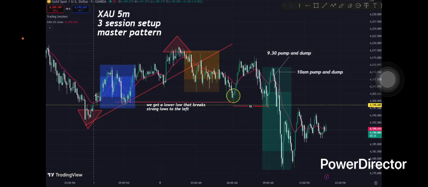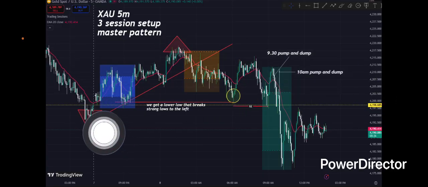Other times it may be over the course of 3 sessions, like this trade here. And you can use this instead of counting days, right? And trying to figure out if you have a 3-day setup or whatever, all right? You can use this master pattern.